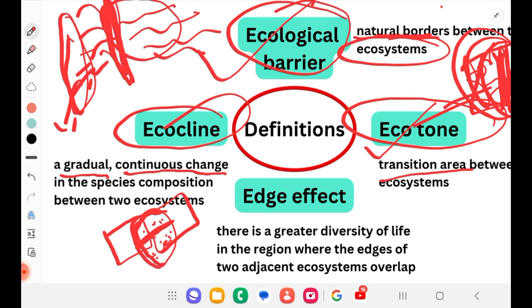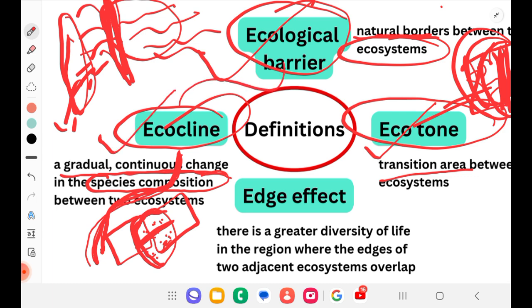So even the species composition slowly changes. That is said to be ecocline. That is a gradual and continuous change in the species composition. If the species composition itself is getting gradually changed, that is said to be ecocline.